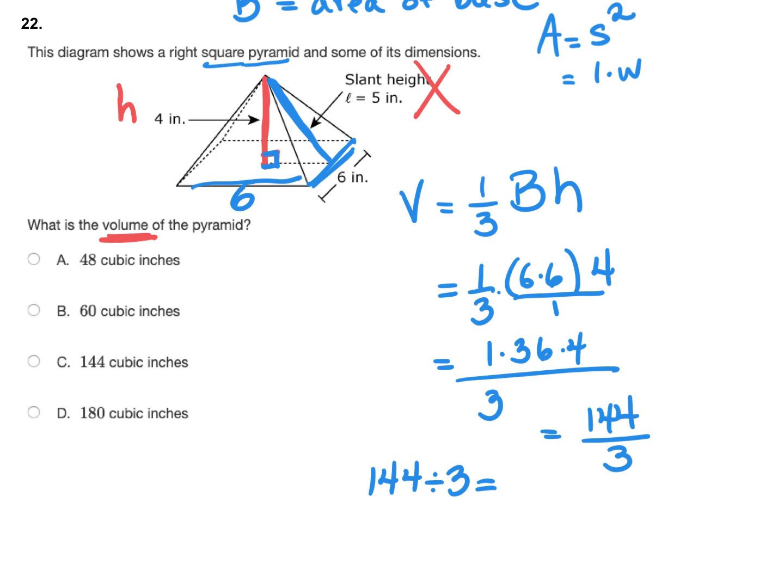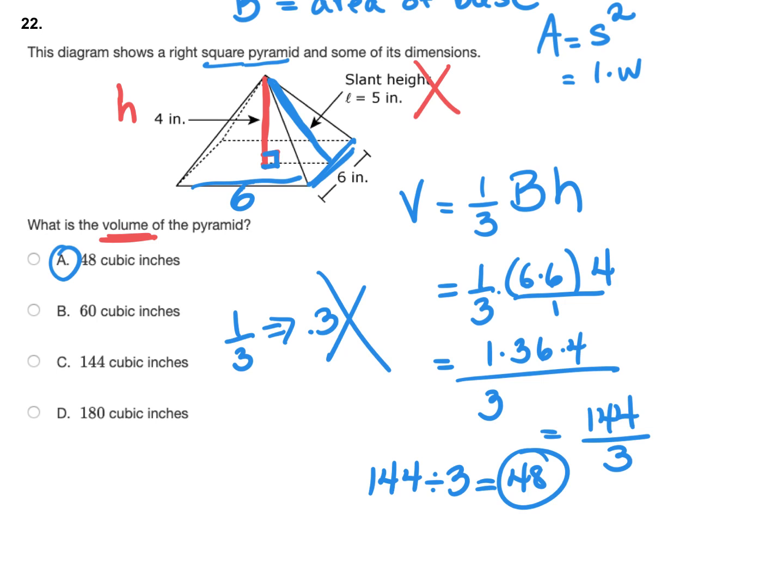So our volume is 48, which happens to be letter A. Don't ever convert the 1/3 into a decimal. If you convert 1/3 to 0.3, that is wrong. 1/3 as a decimal is 0.33333333 repeating.